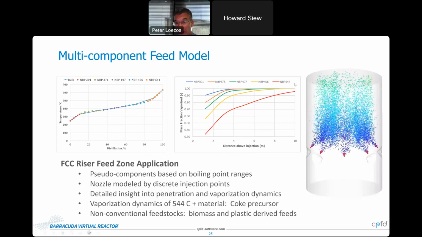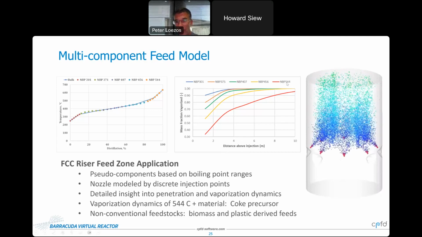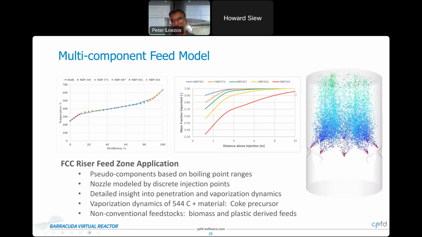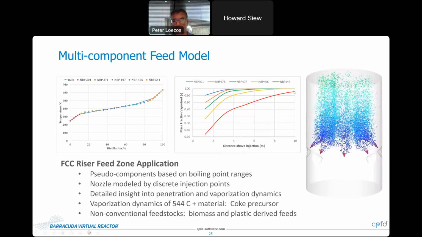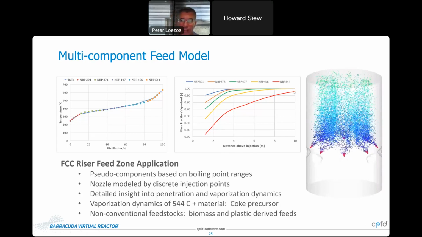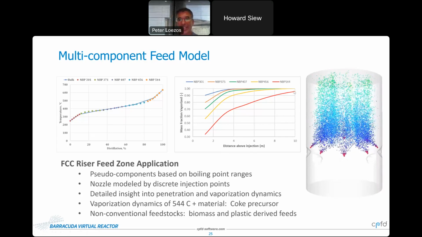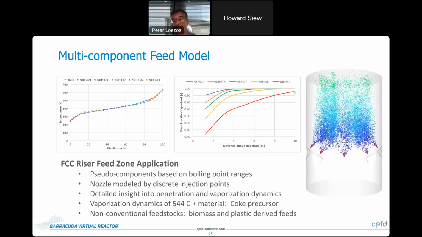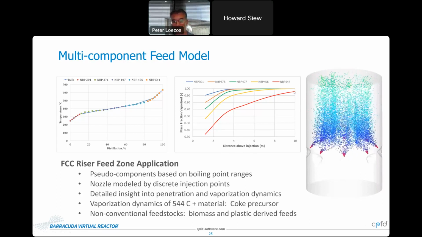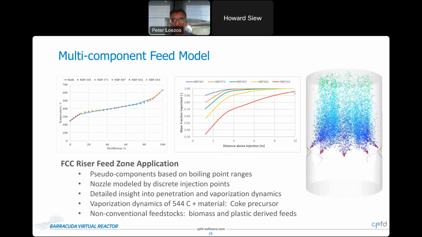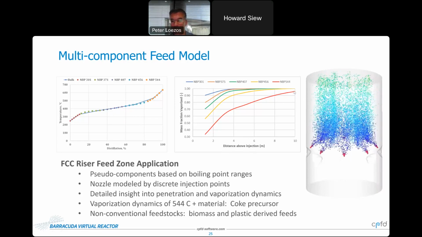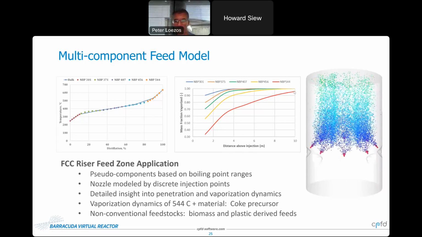Now, if you look at the heavy end, NBP 554C, what you'll see is even at 10 meters above the nozzle, that is not fully vaporized. So for this particular example, the client was very interested in the vaporization dynamics of the 554C material. They thought that helped them identify coke precursors in the system.